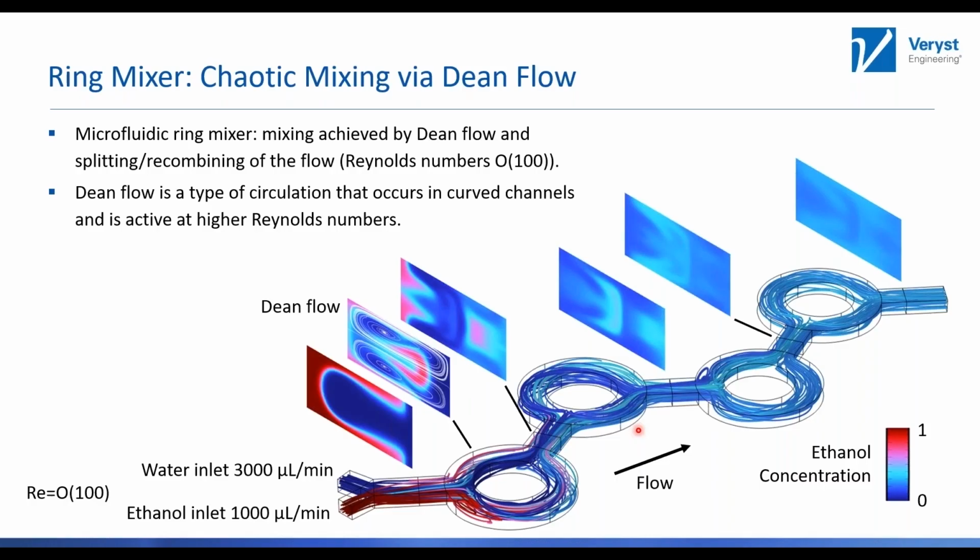You can see those recirculating patterns on the second cross section, and you can also notice that as you move along, ring after ring, the mixing gets a little bit better. We might actually want one or two more rings if we wanted to complete the mixing to a higher degree.